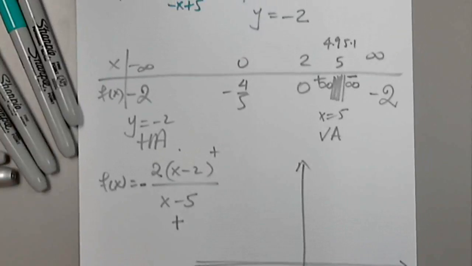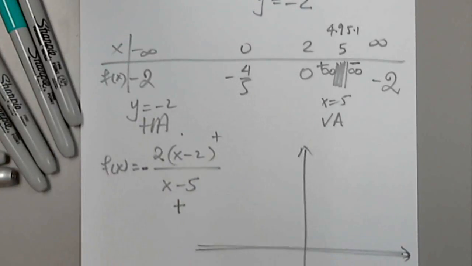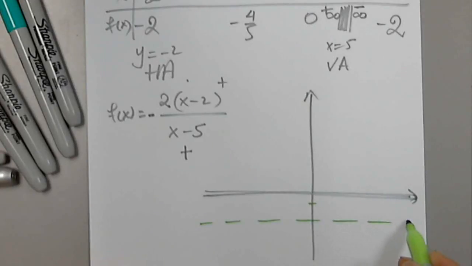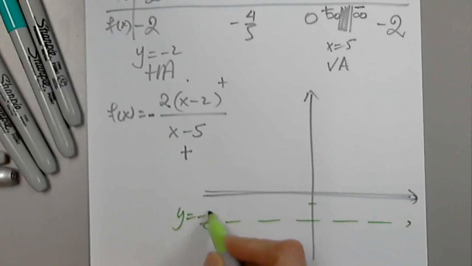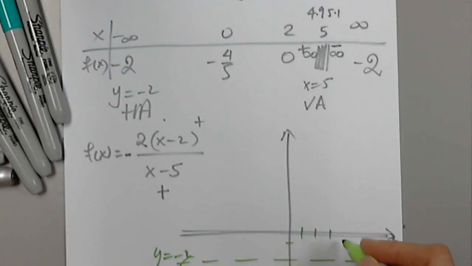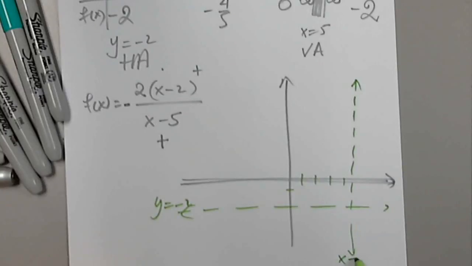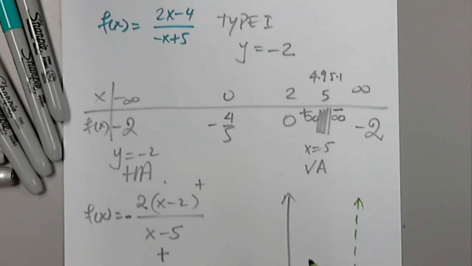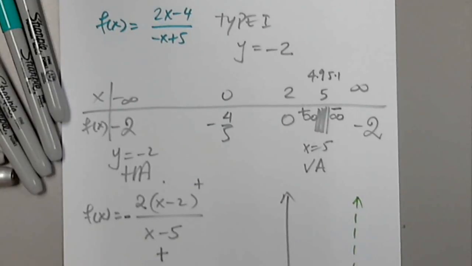Yes, and this function has 2. One, which is the horizontal at y equals -2. And the other one that is 5, 1, 2, 3, 4, 5, x equals 5.